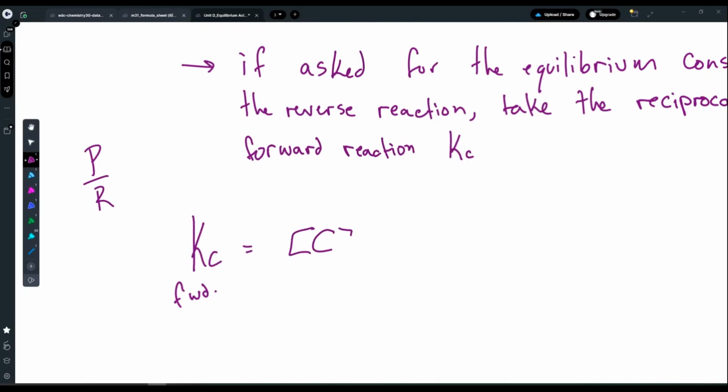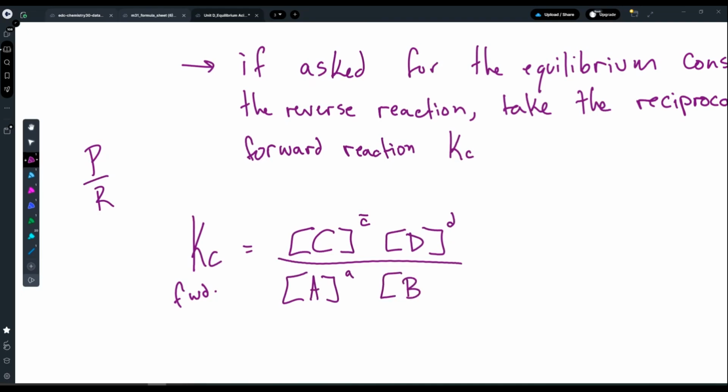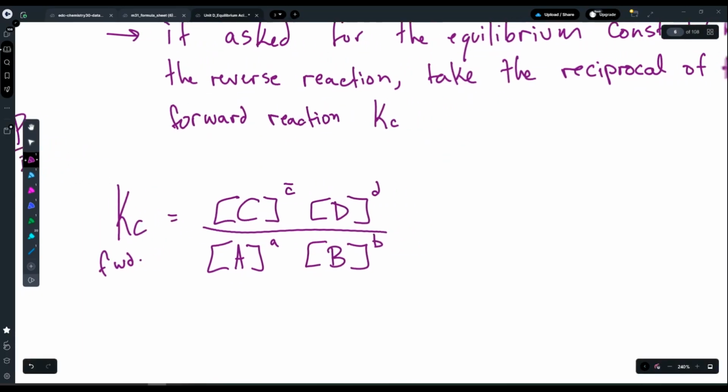So we have substance C raised to the power of coefficient C multiplied by substance D raised to coefficient D, over substance A raised to power coefficient A, substance B raised to the power of coefficient B.